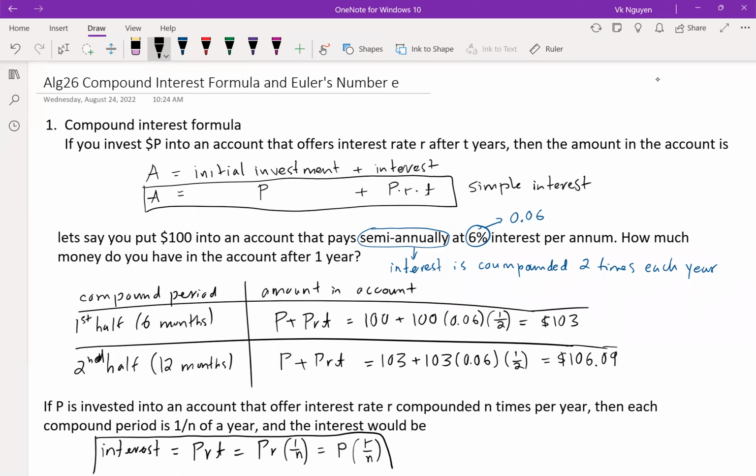That's the nice formula: interest per compound period.